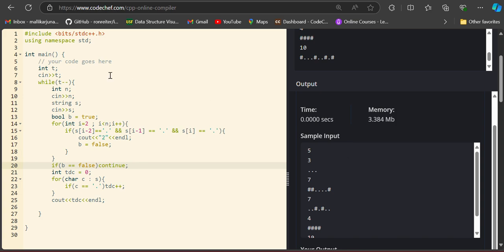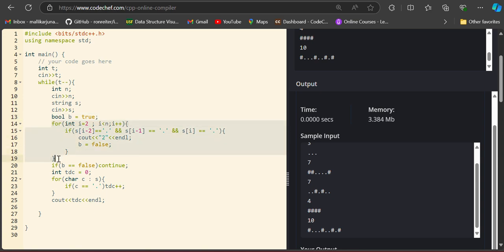So for five, it takes five test cases on it, and five minus next becomes four. So for these five, it takes three, reads three integers and reads a string, three strings. Okay, and b is equal to true. Then okay, this just says that the condition is verified or not verified like that.